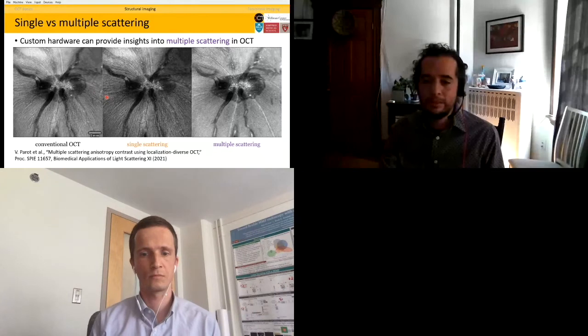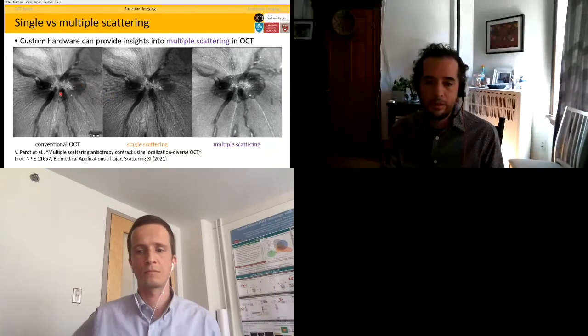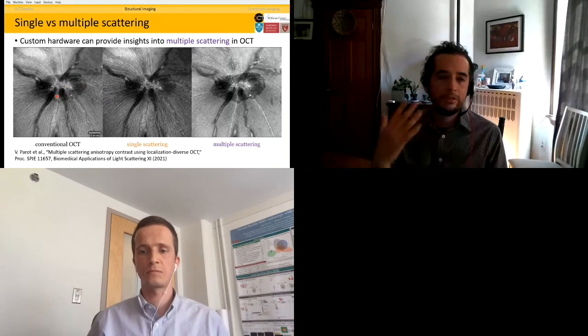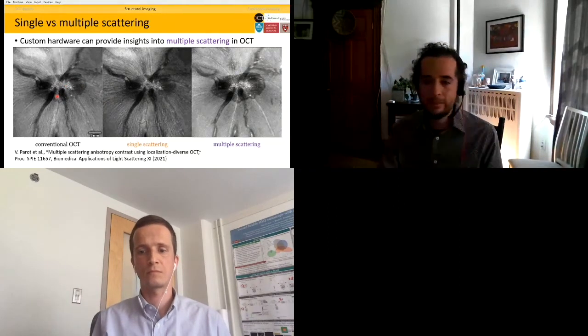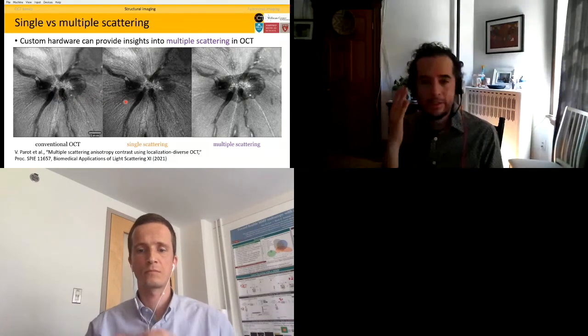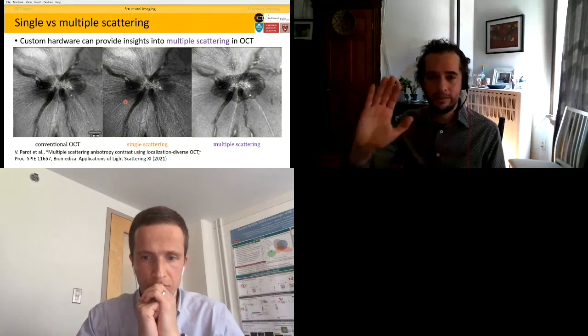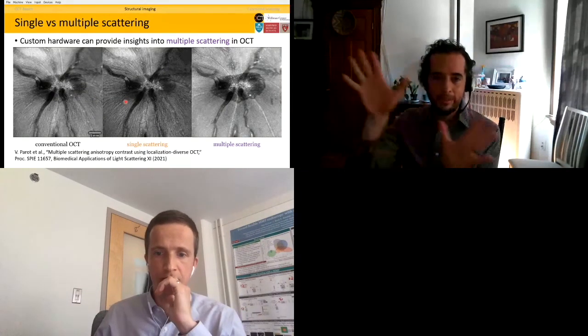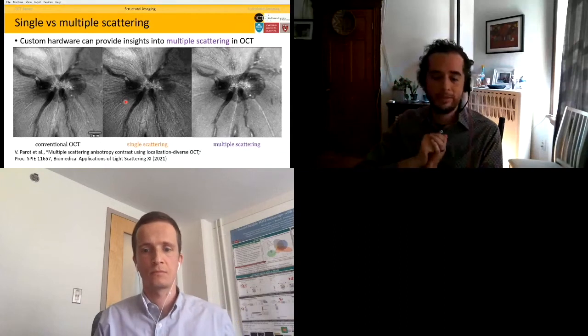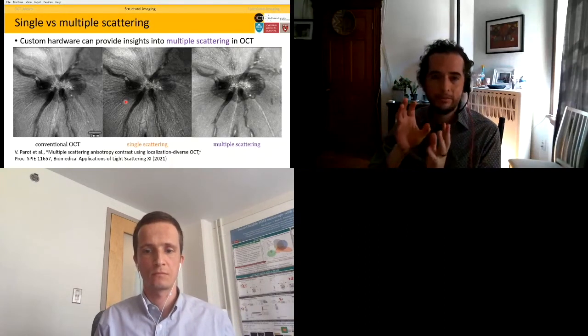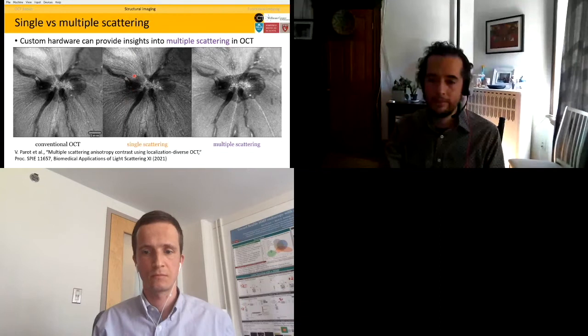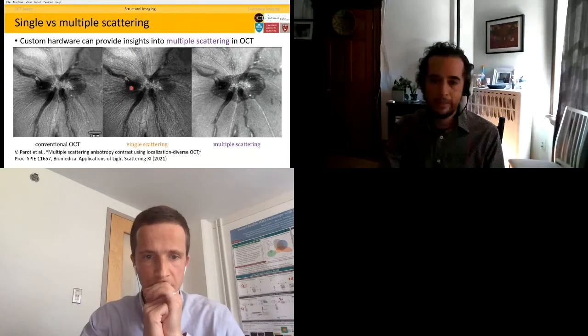He was able to estimate the amount of single scattering and multiple scattering contributions that go into a single conventional OCT image. When we look at the single scattering content, we see quite sharp contrast in the retinal nerve fiber layer in this case. We see these radial structures, which are axonal bundles. We can see them much more clearly in this single scattering image.